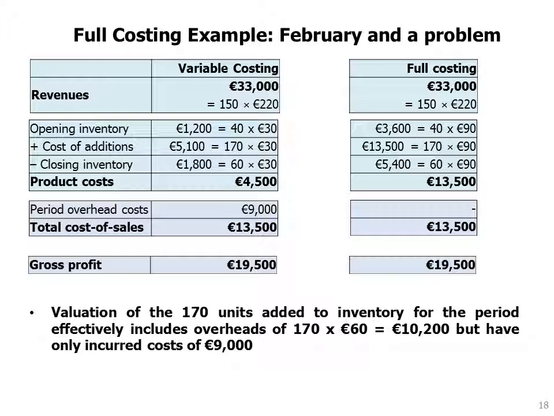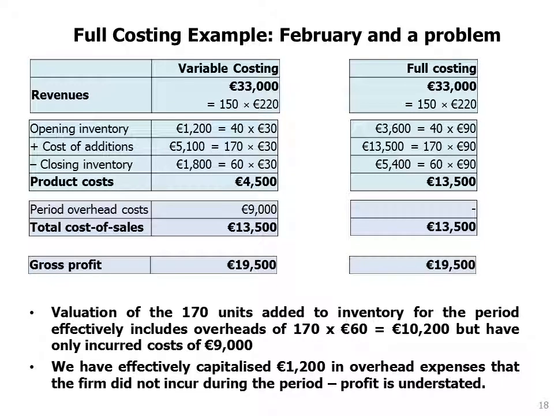But, and this is the key, we have only incurred manufacturing overheads of 9,000 euros during the period. So in effect, we have capitalized 1,200 in overhead expenses that the firm did not incur during the period, which we will recognize in a later period. And this means that the expenses are overstated and the profit is understated.